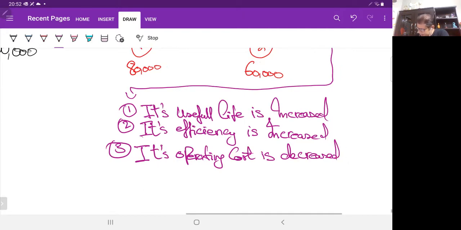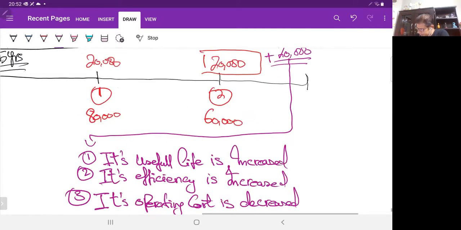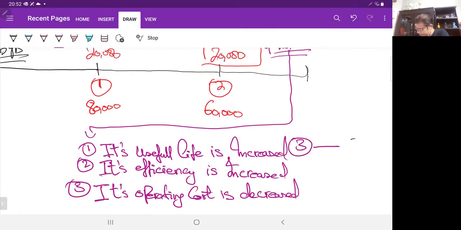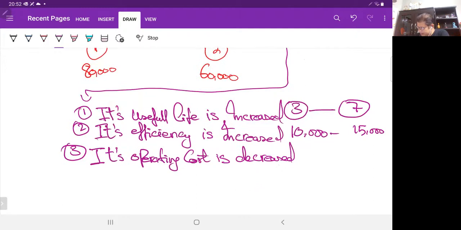For example, now it has a life of 3 years, but due to that expenditure, its life increased to 7 years. Earlier, it was producing 10,000 units. After this expenditure, it's producing 15,000 units. Or earlier, it was giving us a cost of 10,000. Now it's giving us a cost of 6,000.